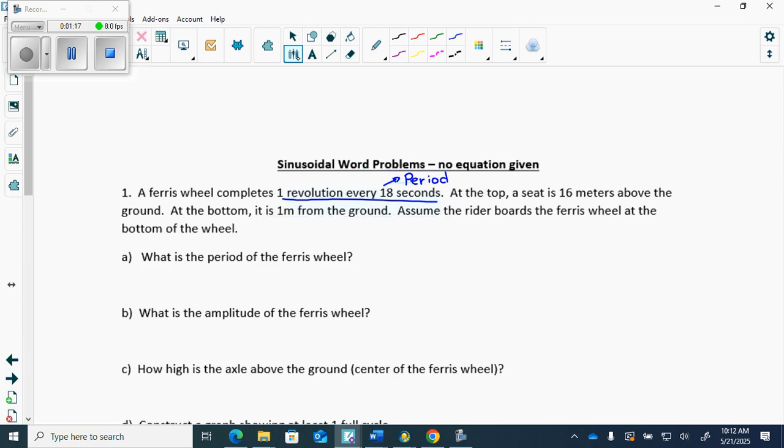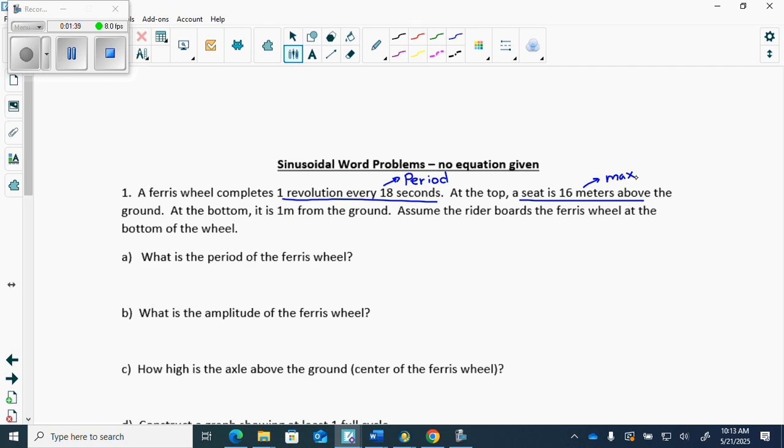Then at the top, a seat 16 meters above the ground, what is that giving us? The maximum. At the top, 16 meters above the ground, this is my maximum. And we do start with 0. Sometimes Ferris wheels do start on the ground. You step in, you go up, right?